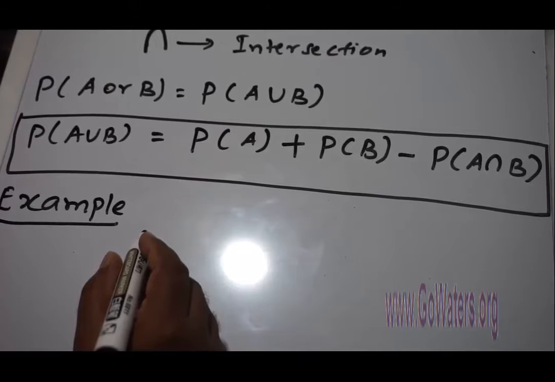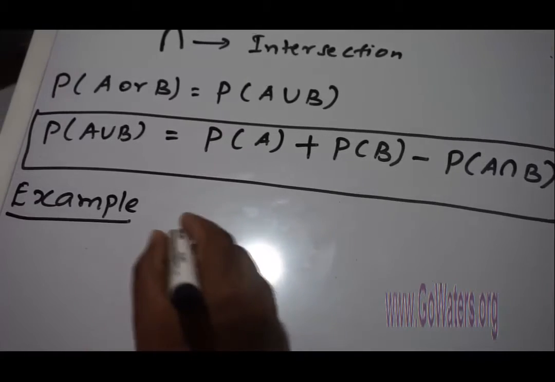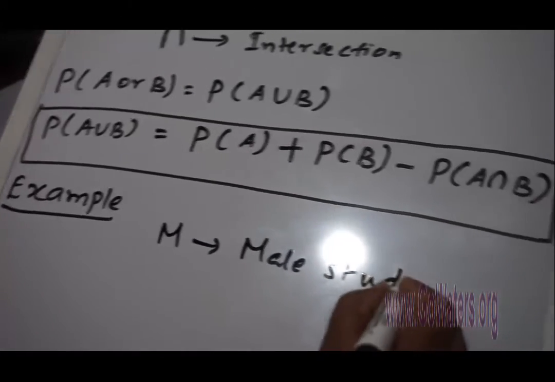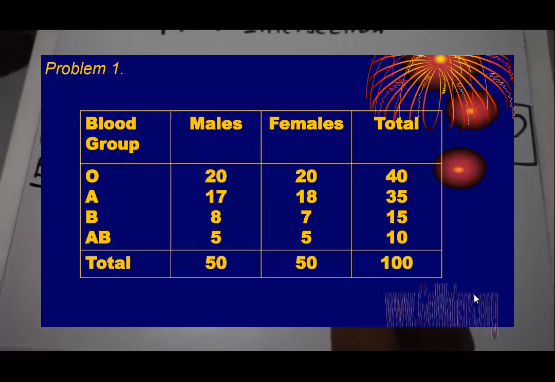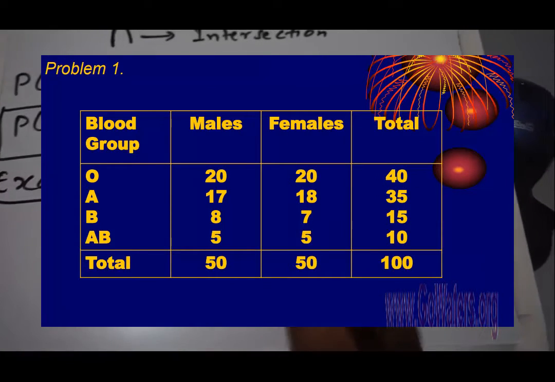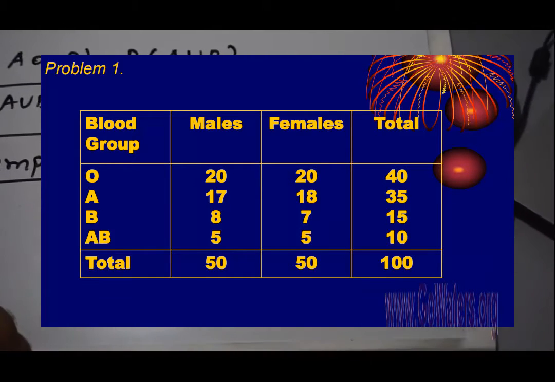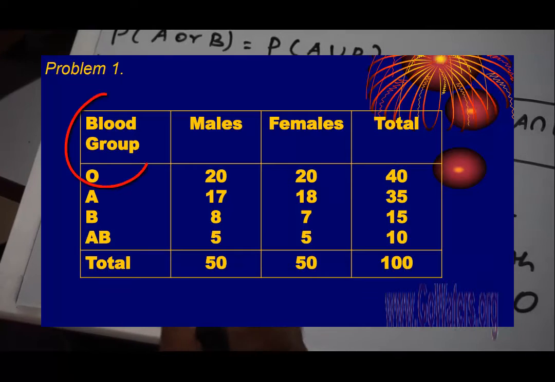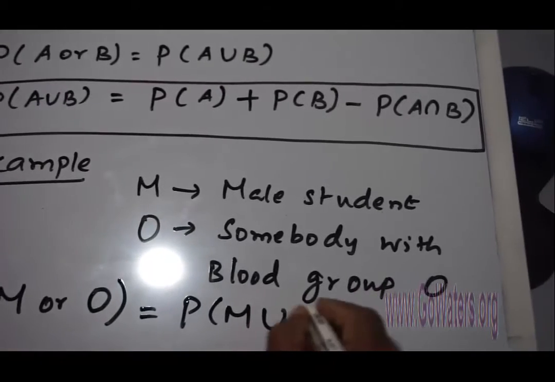In this case, we are taking male gender and somebody with blood group O. So here M stands for choosing a male student, and O is somebody with blood group O. Okay, so now I'm interested in the probability of choosing a male or somebody with blood group O. So that equals probability of M union O.